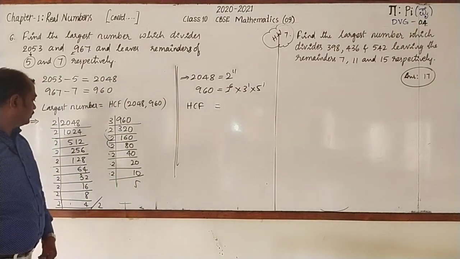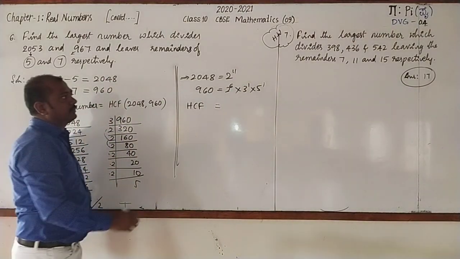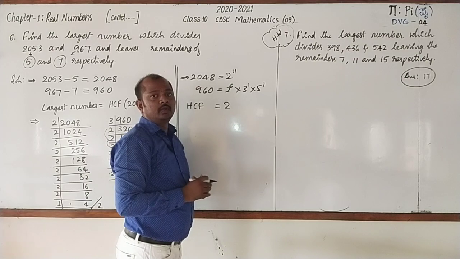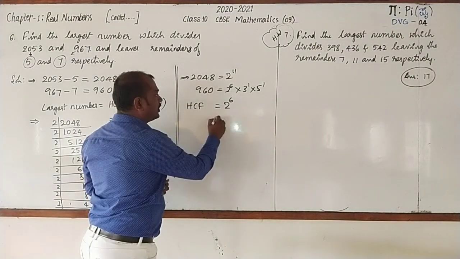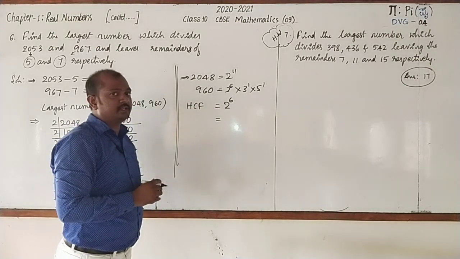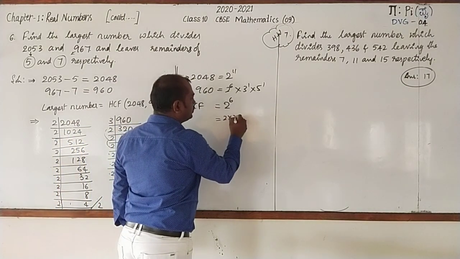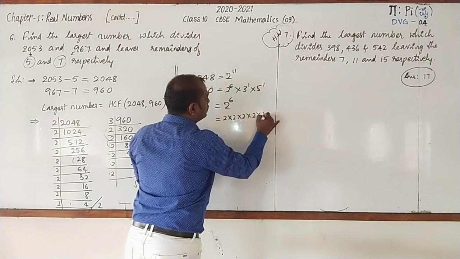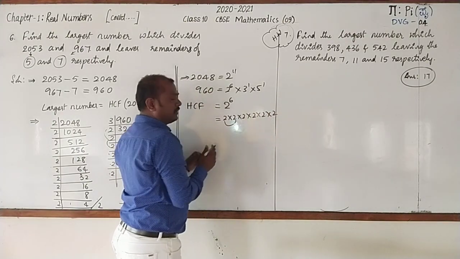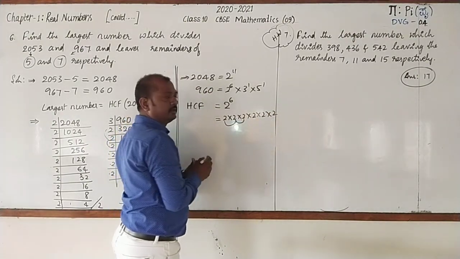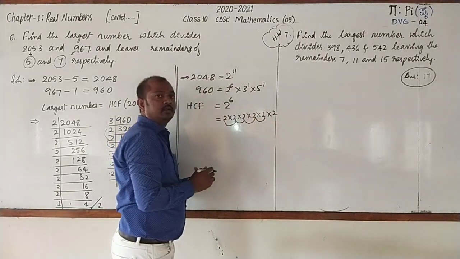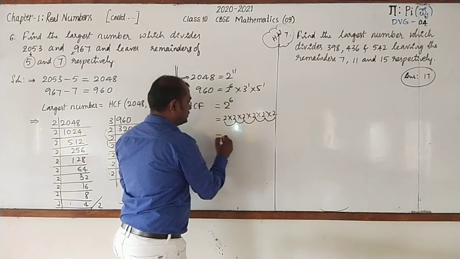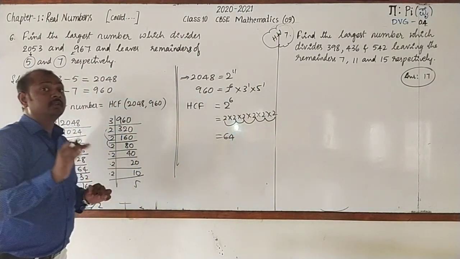Now let us go for finding HCF. You are going to take only the common factor. What is the common factor? 2. What is its least power? It is 6. What is the value of 2 raised to the power 6? See, 2 into 2 into 2 into 2 into 2 into 2. 2 2s are 4, 4 2s are 8, 8 2s are 16, 16 2s are 32, 32 2s are 64.